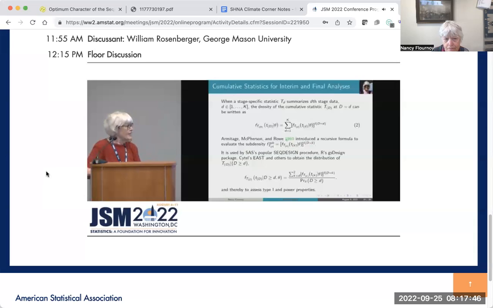But this was actually the way it was introduced by Armitage, McPherson, and Rowe in 1969. They looked at the piece over here on the right that goes with the density that you stopped with. Their formulation is the basis for all of the calculations done in the various software packages to confirm that you have controlled for your type 1 error.